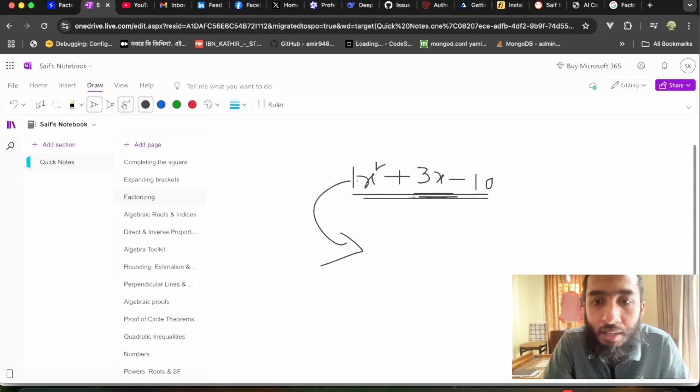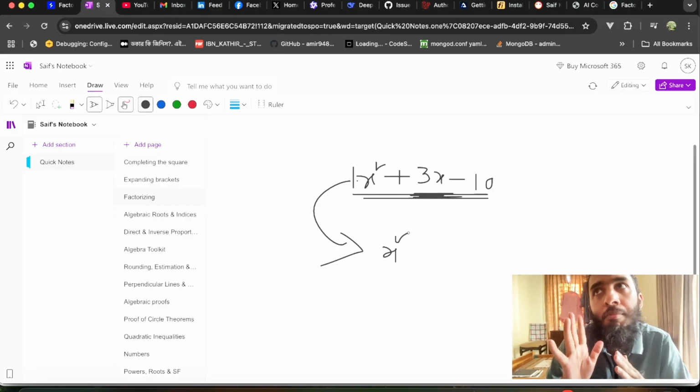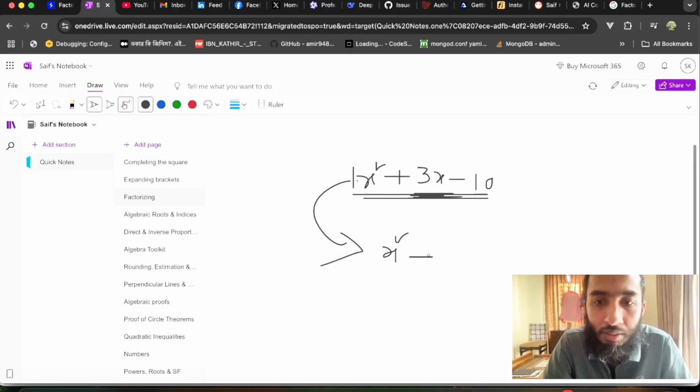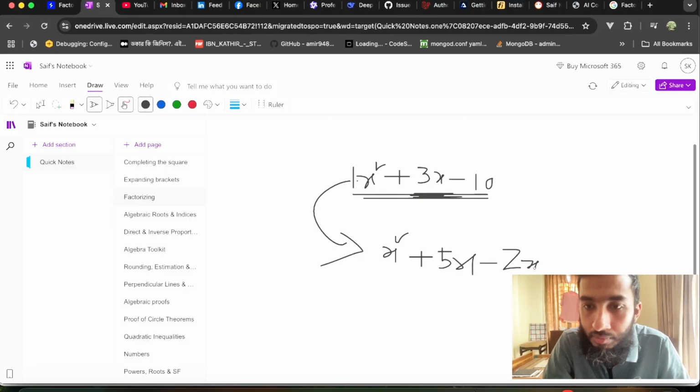So how can I write the middle term as an addition or subtraction that results in 3x? Since 5 multiplied by 2 is 10, which is the result I want, I can write 3x as 5x minus 2x, so the expression becomes x squared plus 5x minus 2x minus 10.